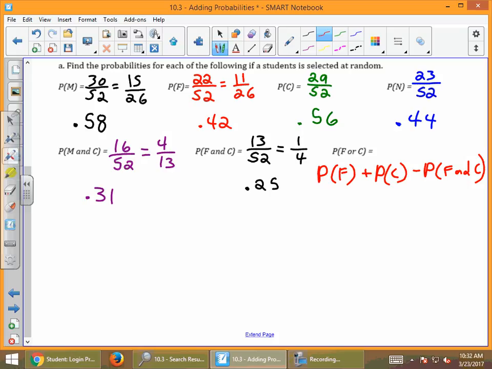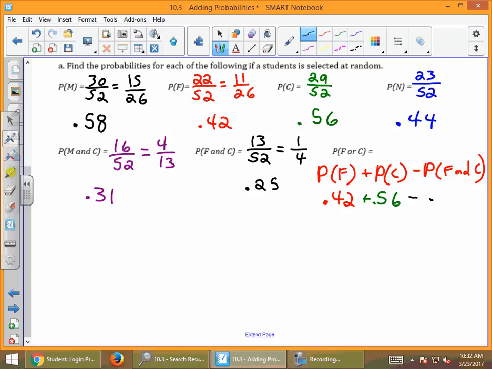Well, we have all the data. Let's plug it in. What's the probability of it being a female? 0.42. What's the probability of that going to college? Plus 0.56. What's the probability that a female is going to college? And I'm going to subtract that off.